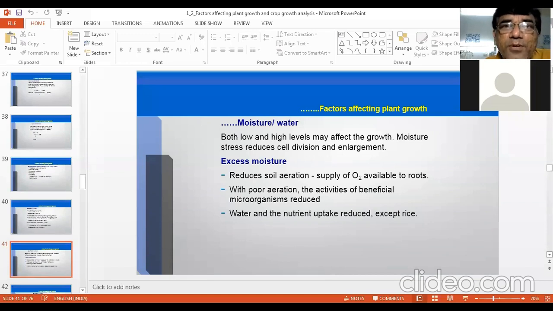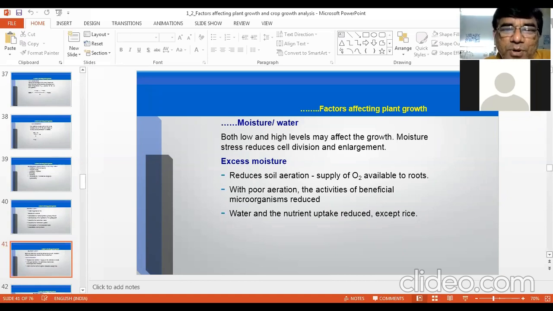Suppose it is wheat or maize, which are mesophytic plants. So what will it do? It will reduce the soil aeration and the supply of oxygen to the plant root is stopped. And within a few days, these crops will die because of waterlogging. This mesophytic crop may die with waterlogging of 4, 5, 6 days.